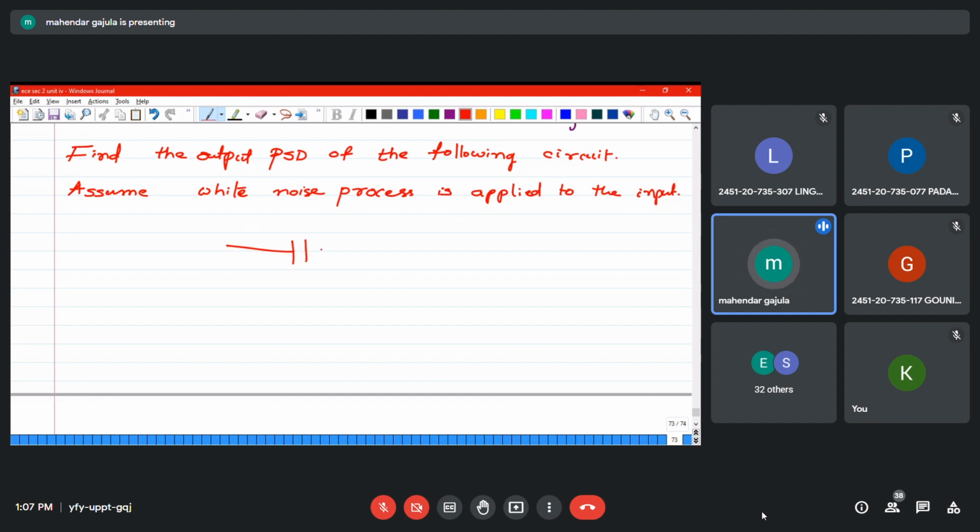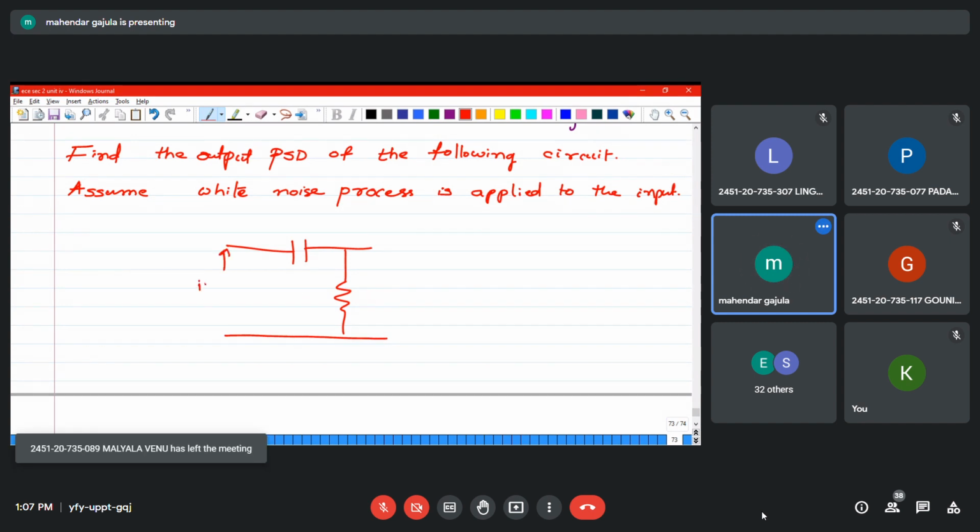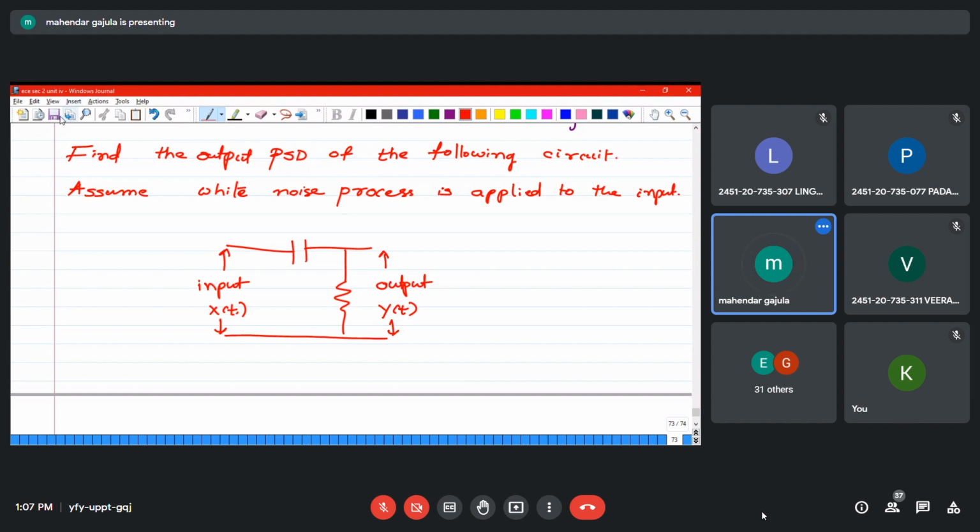I'm drawing this circuit. Tell me what is the name of this circuit. This is input x(t). This is output y(t). Can anyone tell me what this circuit is called? High pass. High pass.